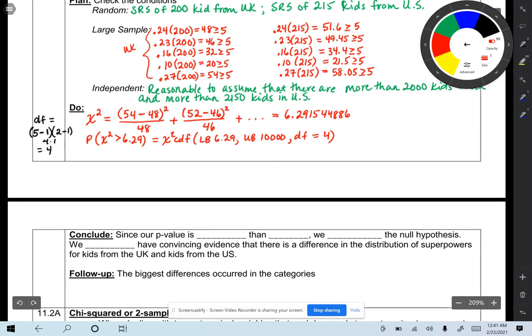Okay, put that in and you get a p-value of 0.1785. Compare that to alpha, it is not less than 0.05.